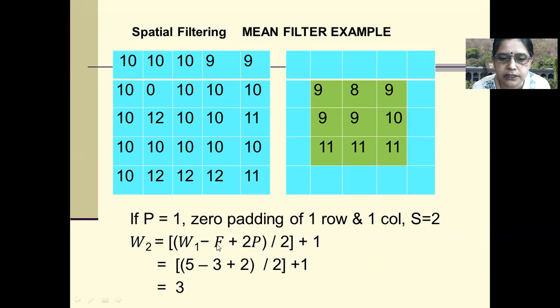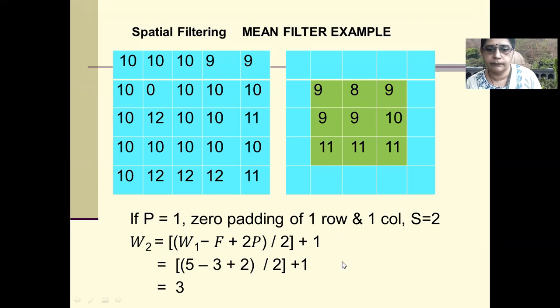Okay, so this is the equation to determine output size. Output size W2 is given by (W1 minus filter size plus 2 times padding) whole divided by S, where S is the stride, plus 1. This gives you the resultant image width.